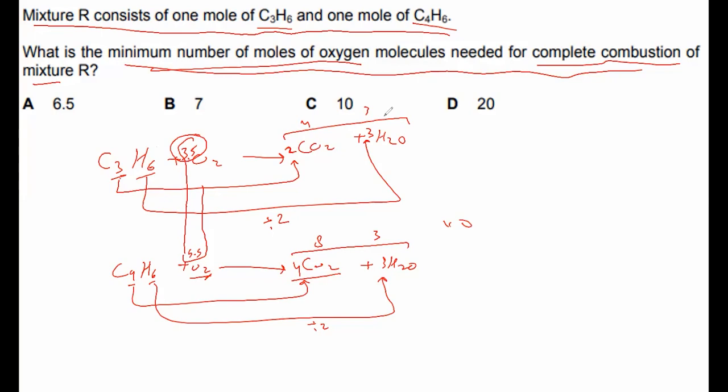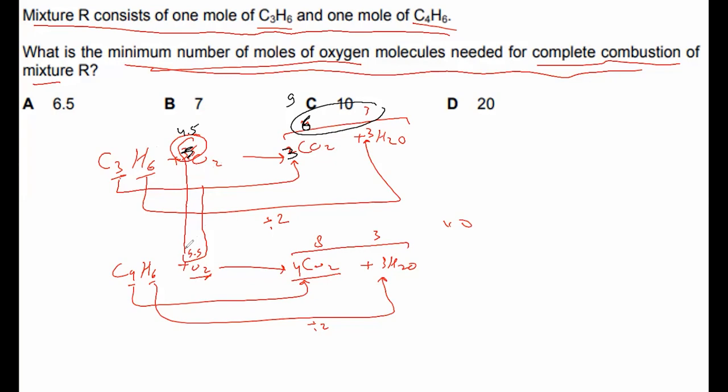Sorry, let me correct it. Here we have 3 CO2s, so from this part in total we will have 6 oxygens. And 3 plus 6 is 9 oxygens, so here we have 4.5 O2.